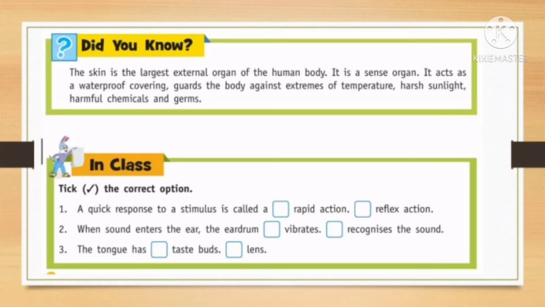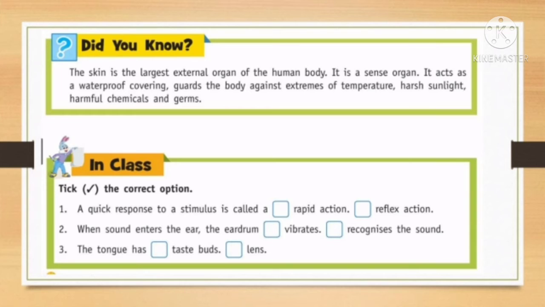When I was explaining this chapter, I told you that when sound comes to the ear, it goes inside to the eardrum, and when it reaches the eardrum, it vibrates. So the correct answer is vibrates. When sound enters the ears, the eardrum vibrates.